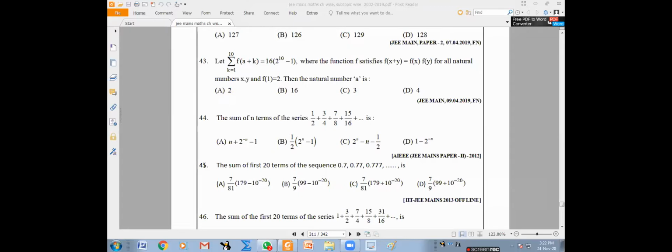After that, it is simply: 2 power a plus 1 plus 2 power a plus 2 plus 2 power a plus 3 and so on, 2 power a plus 10, is equal to 16 into 2 power 10 minus 1. They want us to equate. Sir, understood. Okay. Sir, I multiplied, there's a mistake. That's why. Okay. All right.